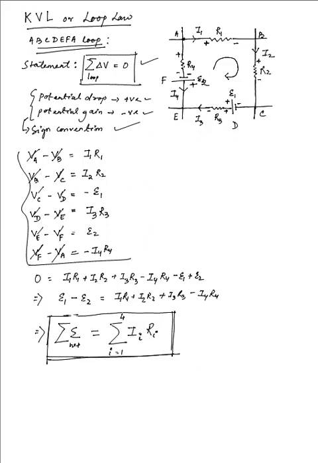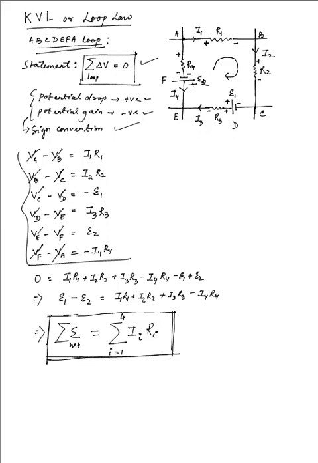I mean, the potential drop is positive in that case, while the current opposite to the sense you have taken is negative, just like in the case of I4 multiplied with R4, because I4 is opposite to the sense in which we are considering the loop. So as we are moving from E towards F towards A, the current is moving in an opposite sense, and hence we have minus I4 R4.